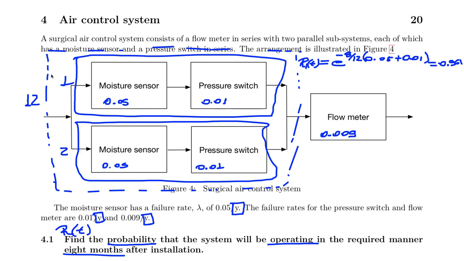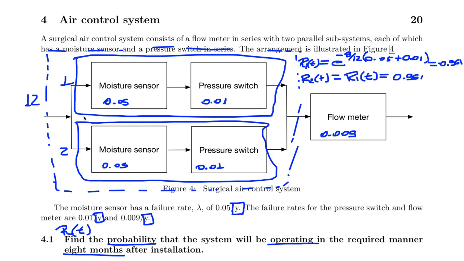That's the reliability of this first serial system here. The reliability of the second one is exactly the same because I have the same components. So R2 at t is equal to R1, so 0.961.